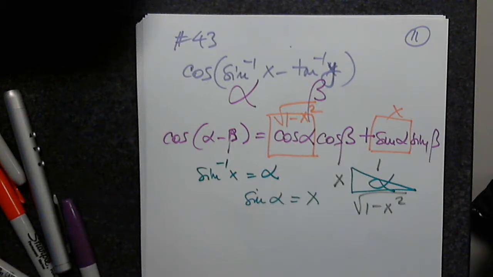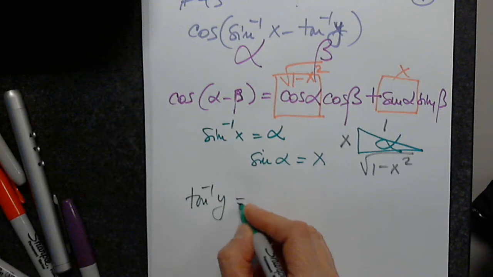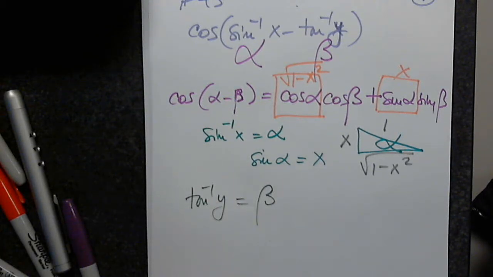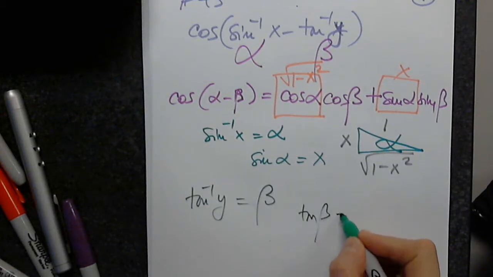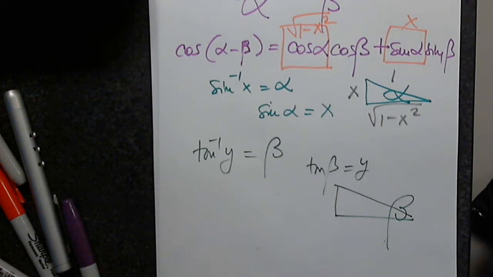So I bring that tangent inverse y equals beta. How do I proceed? Tangent beta equals y. So now this is a different right triangle with an acute angle beta. And I know something about its sides. What do I know about its sides?